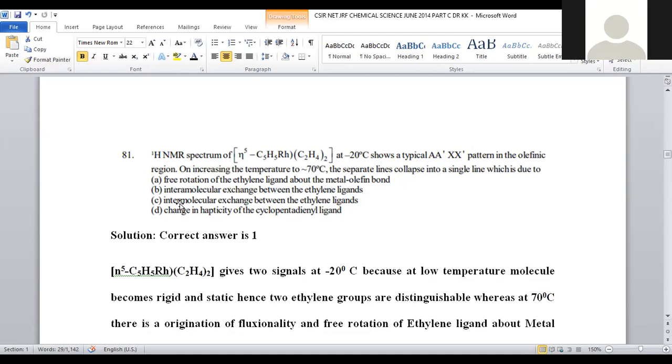But at 70 degrees, free rotation of the ethylene ligand is facilitated, so fluxionality can be induced and all are considered as a single set, and we will get a single signal. For question number 81, the correct answer will be option number 1.